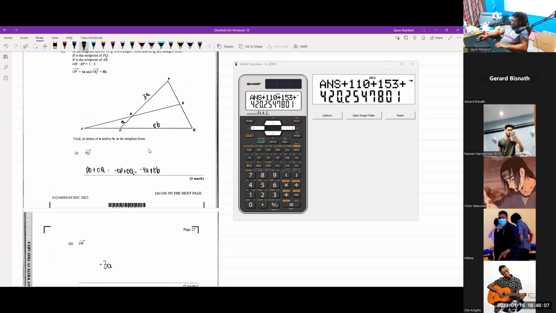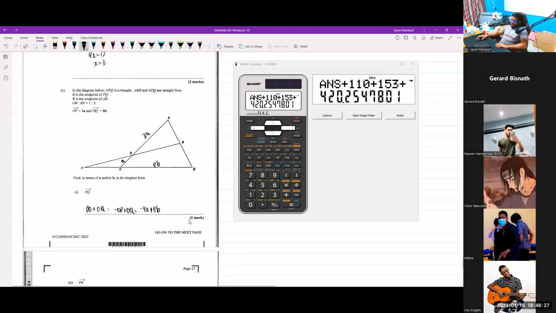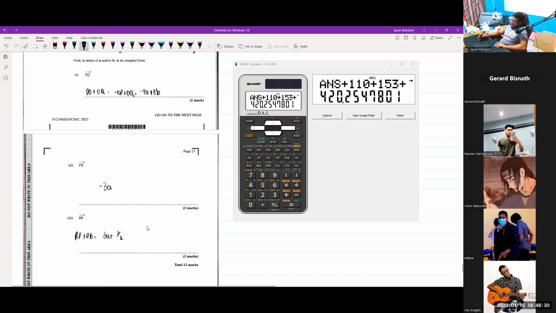RB is RP plus PB. RP is 3A, and PB is a half PQ. So a half of minus 4A plus 8B. 3A minus 2A plus 8B, which is A plus 8B.